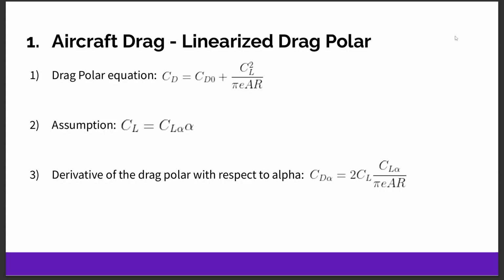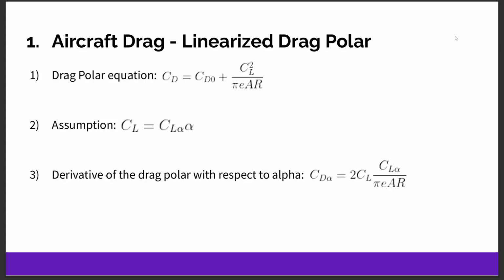So what we essentially need to do here is to take the partial derivative of CD with respect to alpha, and that is going to give us our CD alpha. And if we assume that CL is equal to CL alpha times alpha, then CD alpha is equal to 2CL times CL alpha over pi E AR. As a clarification, E is a measure of how efficiently distributed your lift is on your wing, and AR is the aspect ratio.